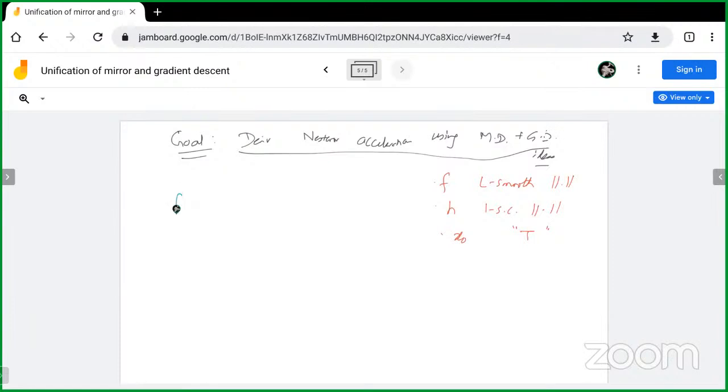Okay, so for k equals 1 through t minus 1, you do the following. At any point, I will maintain a bunch of variables. So what's the idea? Let's say my current iterate is some xk.